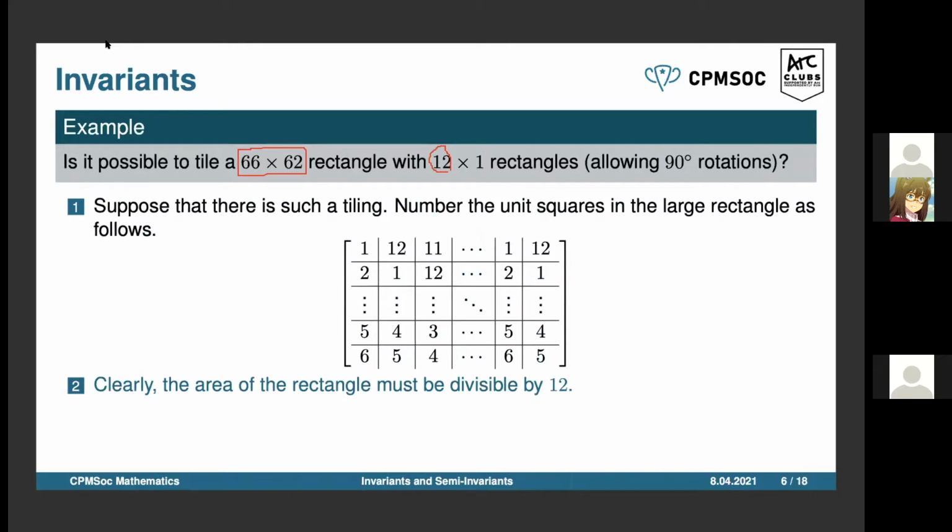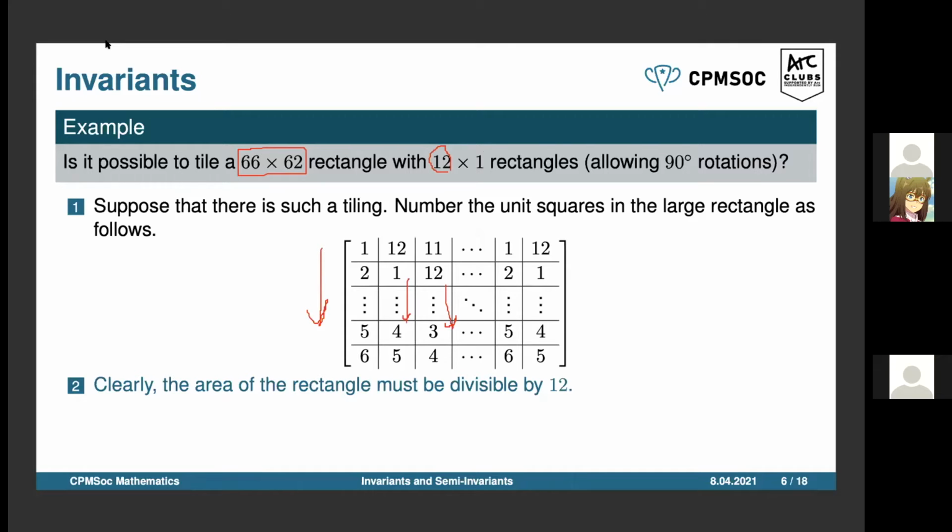If you go down the column, you go 1, 2, 3, 4, 5, 6, 7, 8, 9, 10, 11, 12, and after 12 you go back to 1 and count again, so you go in a loop. That happens in each column. So every column, if you go down, cycles from 1 to 12 and back to 1 again.